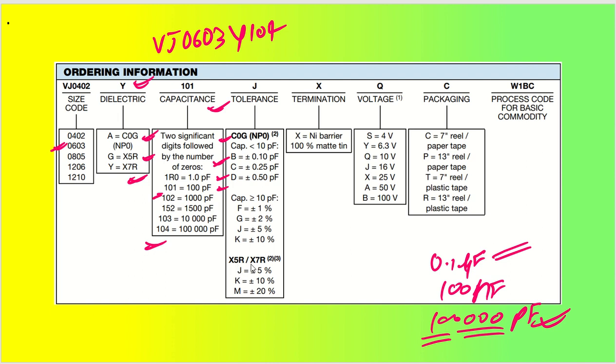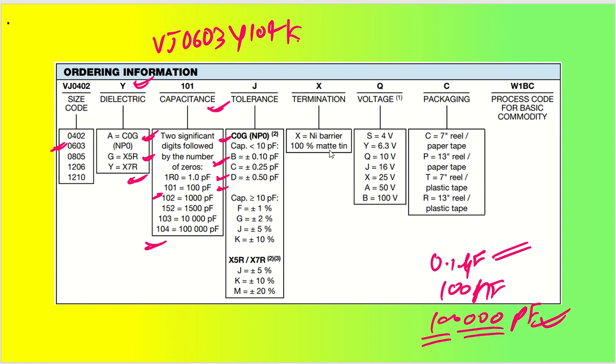For X5R and X7R, with capacitor values greater than 10 picofarad, the codes are K for plus minus 10% and M for plus minus 20%. So I'll put K so that I don't need a very tight tolerance. I can have plus minus 10%.